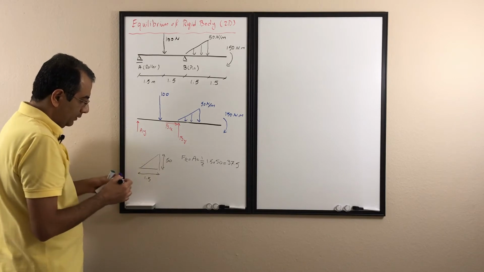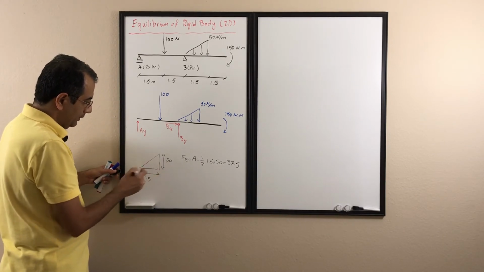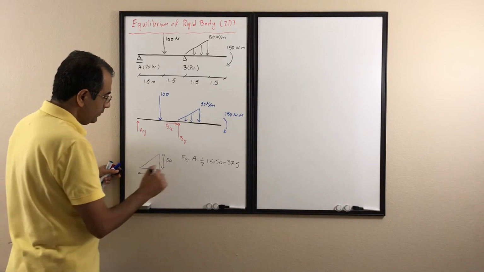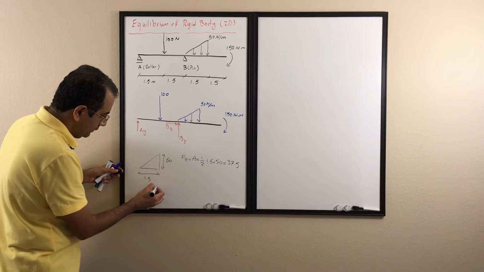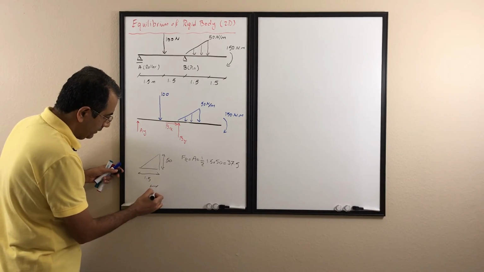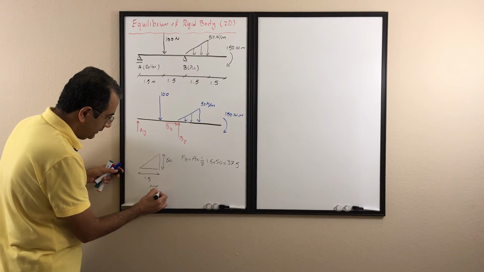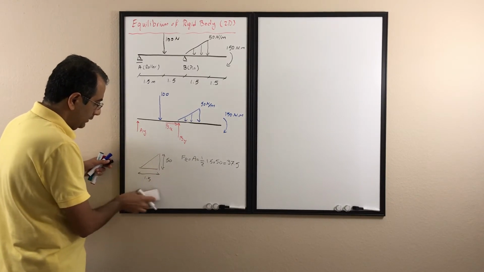Where it's going to be applied: remember I said when we have a triangle, the distance is always 1/3 from the base. So let's draw another triangle so it's easier.